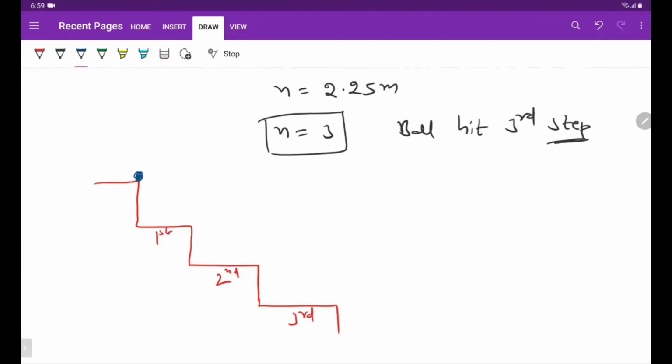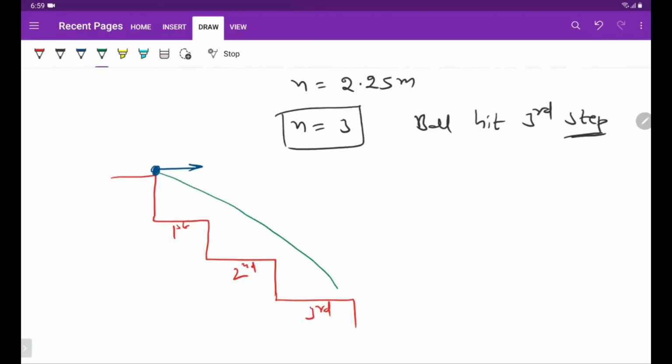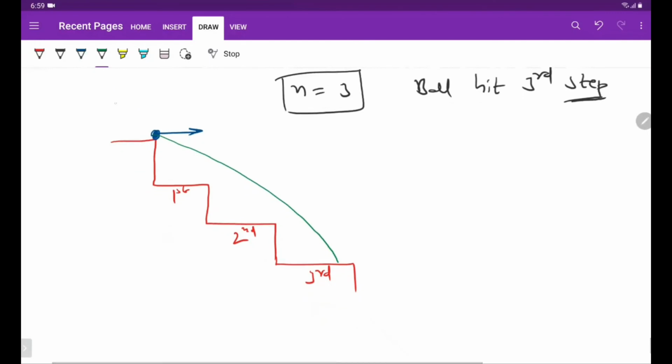The ball will hit the third step, not at the edge but somewhere in the middle. I call this y and this x.